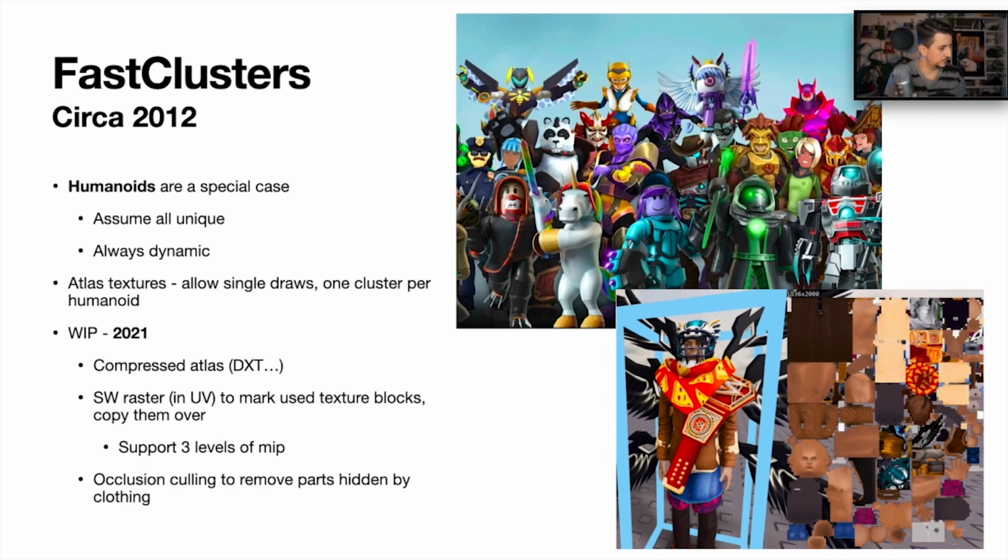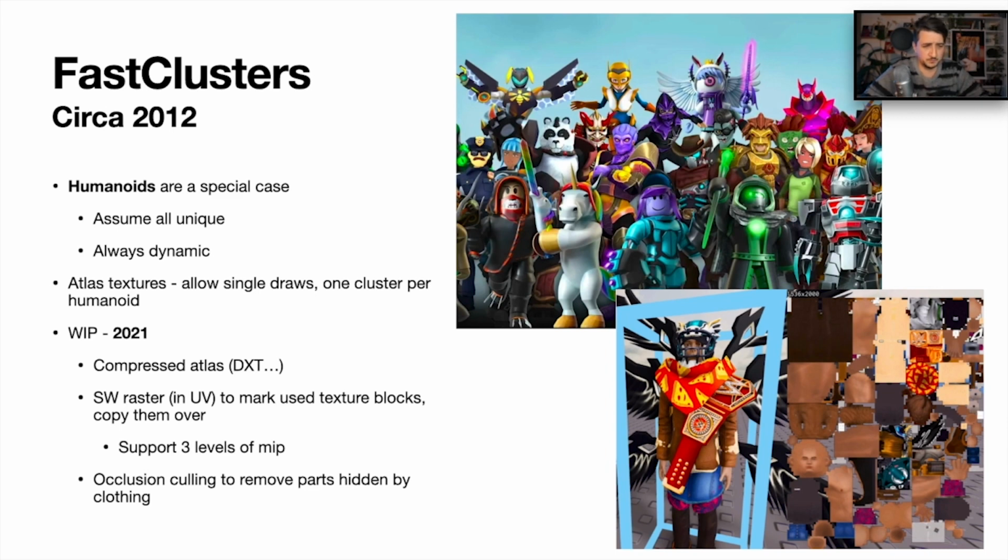This atlasing used to be done with render to texture, and now we are creating a system that actually creates a DXT compressed atlas by rasterizing, having a little software raster that marks what chunks of the texture are used and creates charts by moving directly on full DXT blocks from the source to the destination texture.